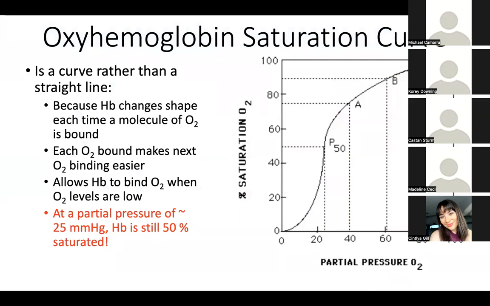What will help us figure out whether we have a shift to the left or shift to the right has to do with a parameter called P50. P50 is simply the partial pressure of oxygen, which you would find on the x-axis, that's needed to saturate hemoglobin at 50%.